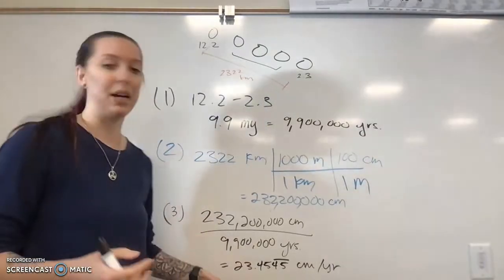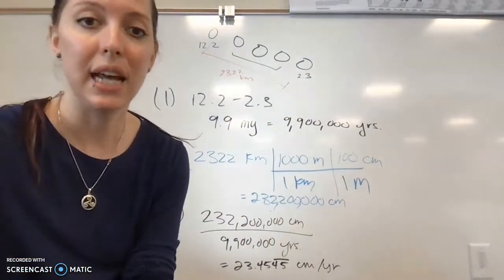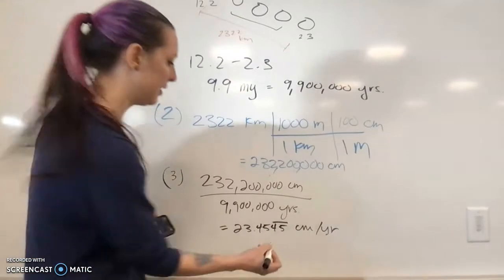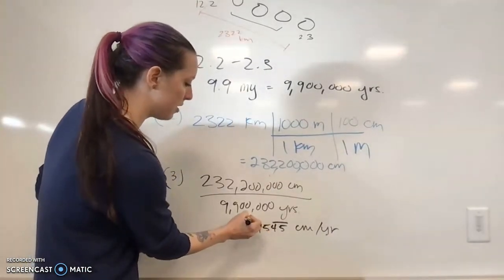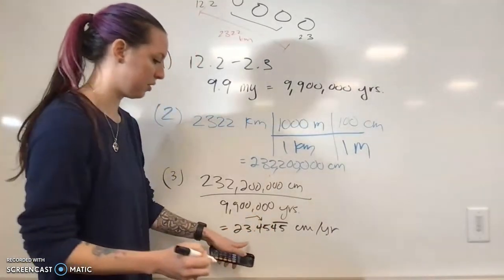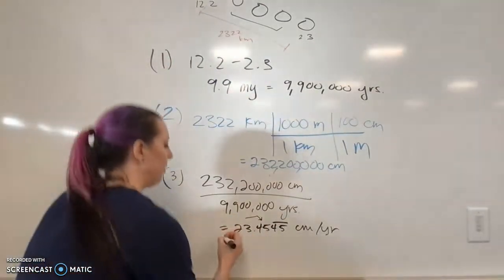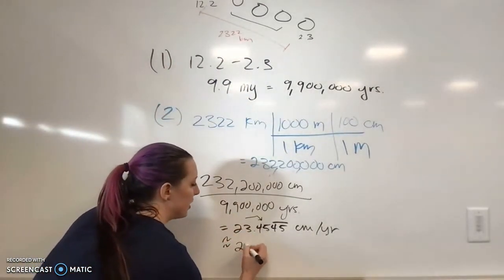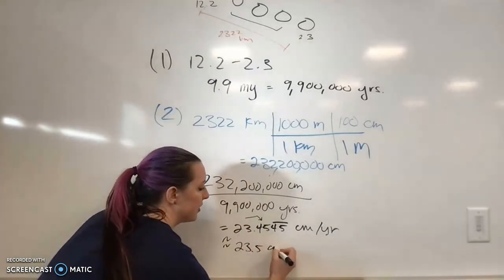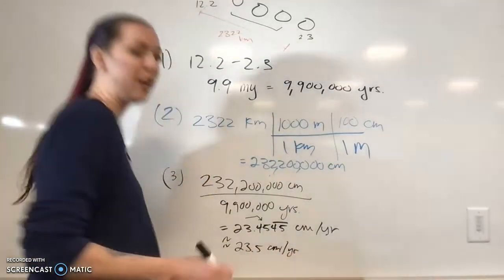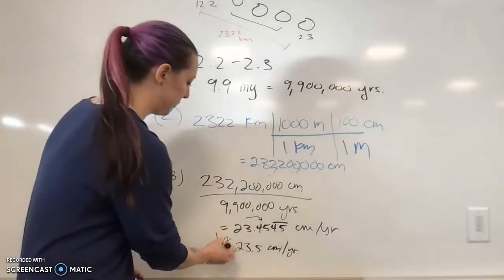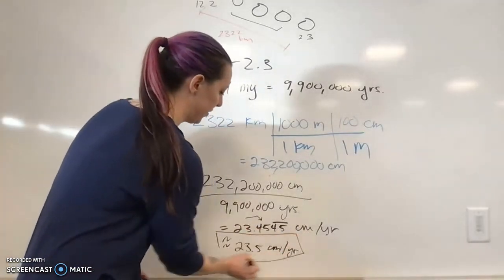In this case, I want to round to the nearest tenth. And the tenth is the one right after, to the right of, the decimal. So if we round up, then it would be 23.5 centimeters per year. And this would be your answer.